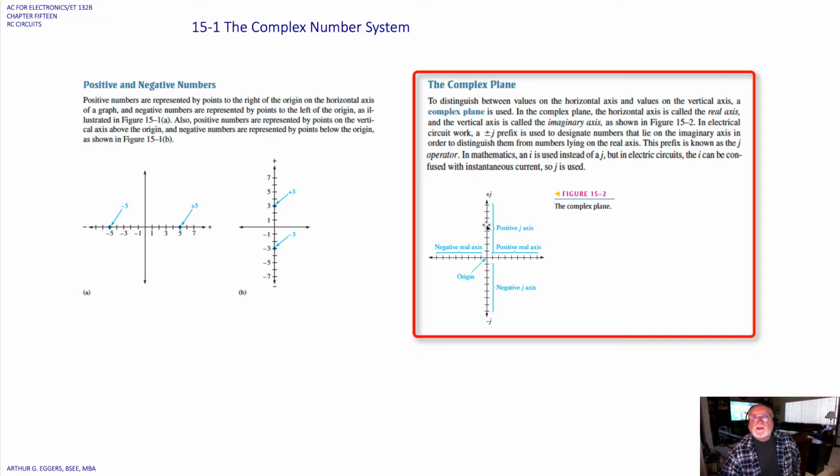In electrical circuit work, we use a plus and minus prefix to designate the numbers that lie on the vertical imaginary axis in order to distinguish them from numbers lying on the horizontal plane, the real axis. This prefix is known as the j operator. In mathematics, you probably learned to use an i operator, but we use a j instead because in electric circuits, the i has already been defined for instantaneous current.